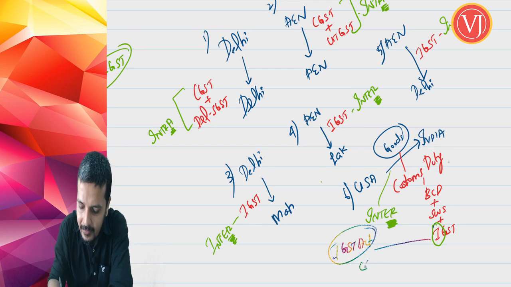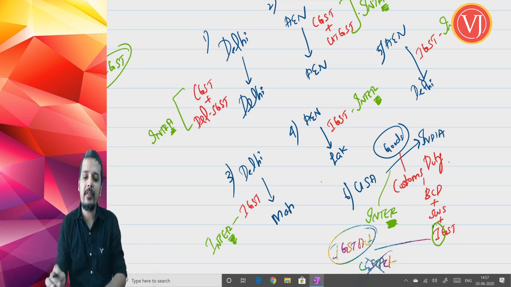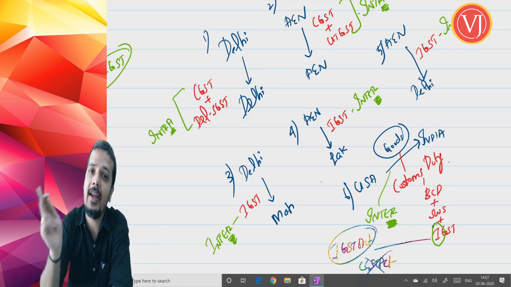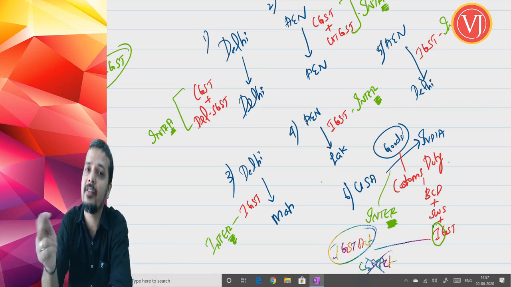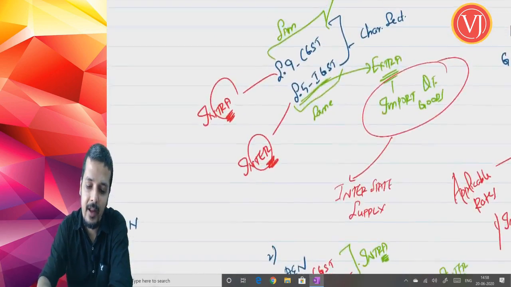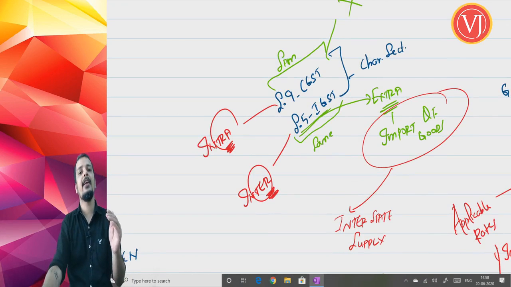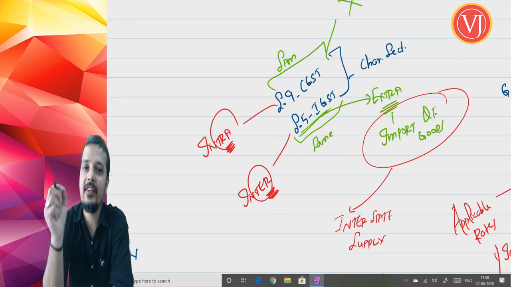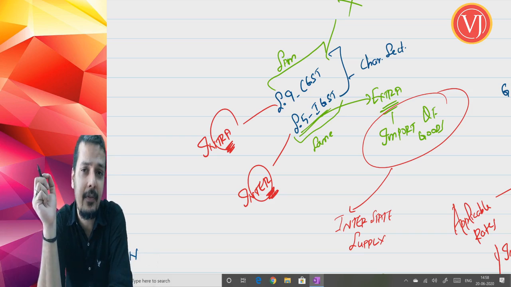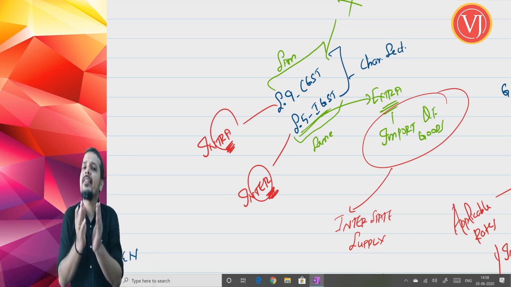It won't be discussed in the CGST Act. It cannot be discussed because that supply is always interstate supply. So that was the special point which you find in section 5 of the IGST Act, which is not there in section 9 of the CGST Act. I wanted to drag home this particular point. Basically, section 9 of the CGST Act, which is the charging section of the CGST Act, and section 5 of the IGST Act, which is the charging section of the IGST Act, talk about the same thing.